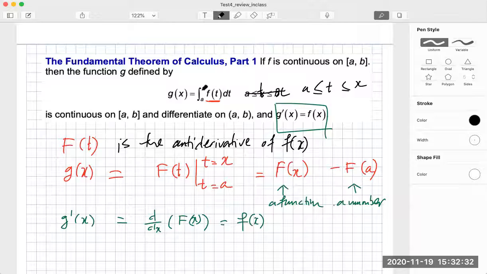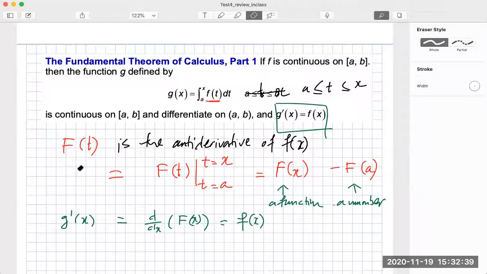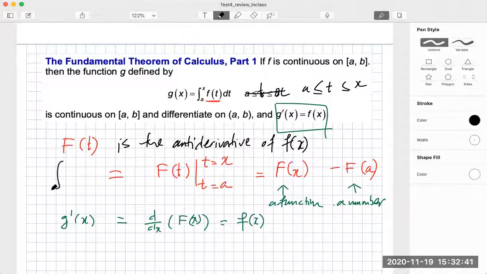Then the integral from a to x of f(t) dt will be the antiderivative evaluated from t equals a to t equals x, right? Then we substitute the value t equals x, which gives us the function capital F of x minus capital F of a.